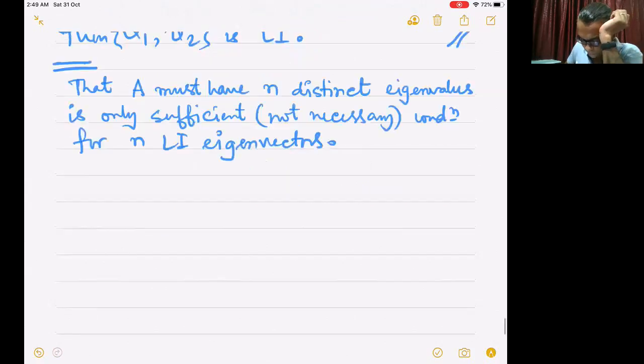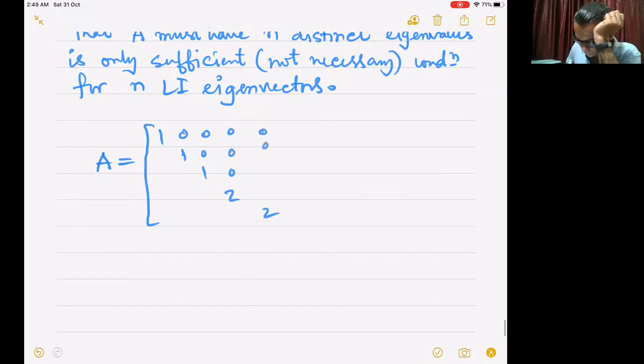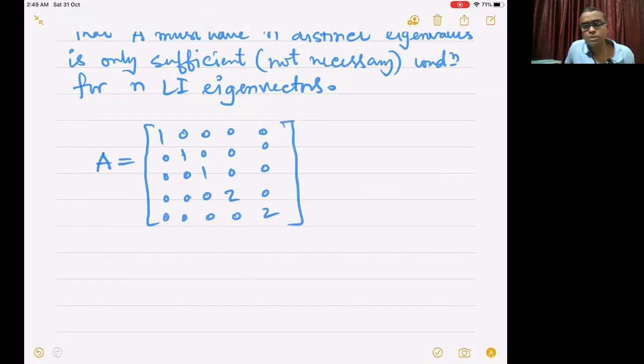You see, suppose I take a matrix A which looks like the following: 1, 1, 1, 2, 2. Put the zeros that you want, to make this into a legit matrix. Is this diagonalizable? Of course it's diagonalizable, it's already diagonal.